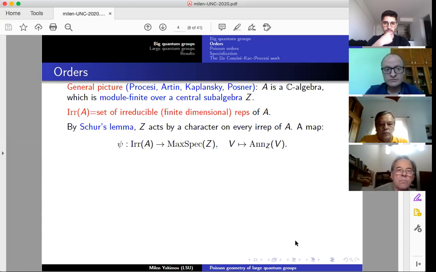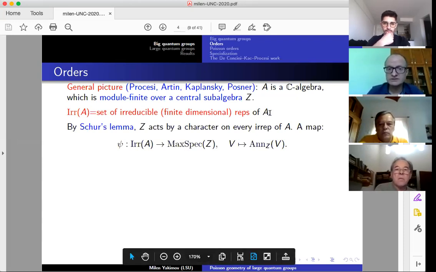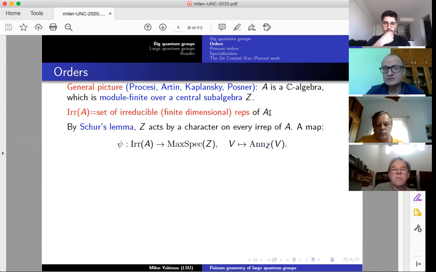Now, the first thing that you can prove here is that all of these representations have to be finite dimensional because the algebra A is a finitely generated module over the central subalgebra Z, which is assumed to be Noetherian. Now, by Schur's lemma, you immediately get that on each of these finite dimensional representations, Z is going to act by a character.